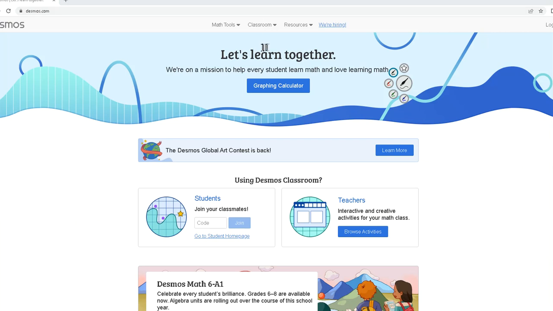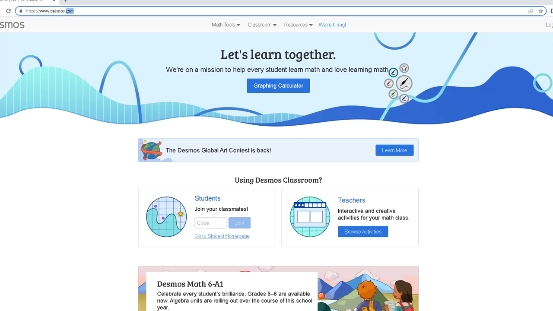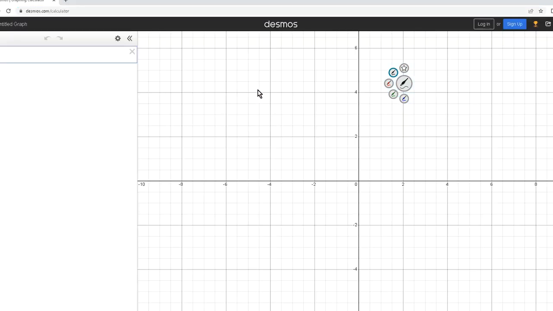All right, so we just go straight to desmos.com. Just enter that in your address bar. Click on graphing calculator. And then like we specified earlier, just enter the equation in function form into the graphing field.